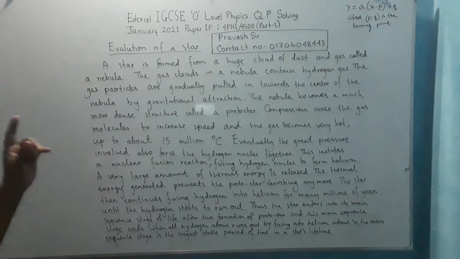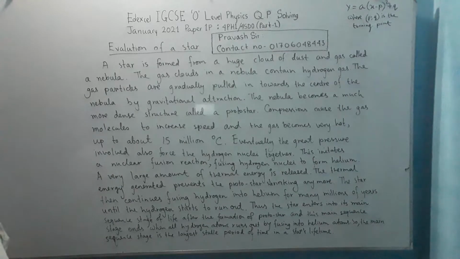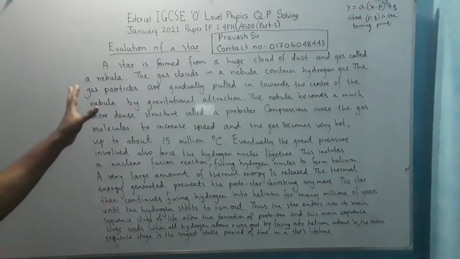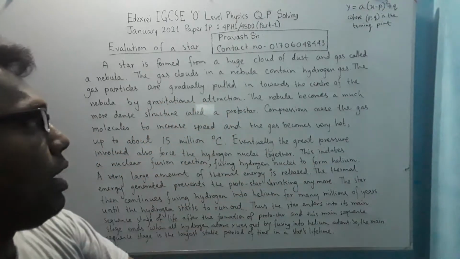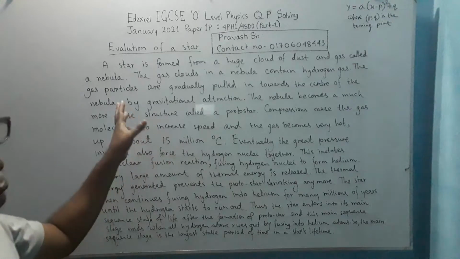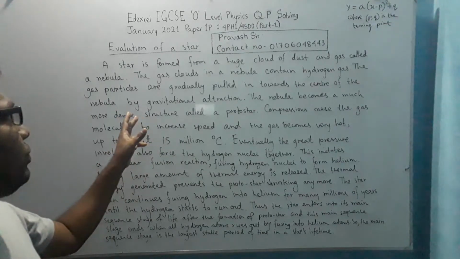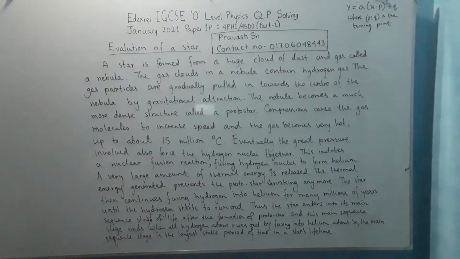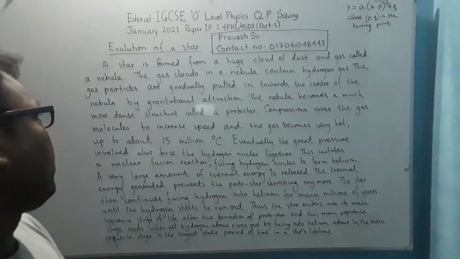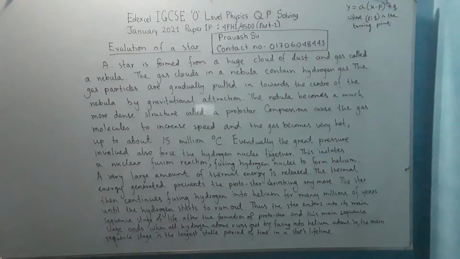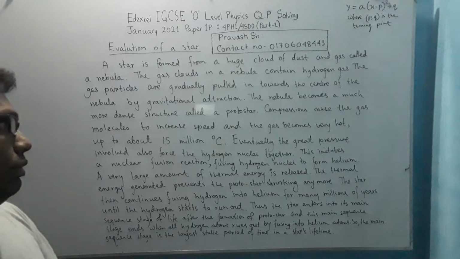If we look at the board, we can see a star is formed from a huge cloud of dust and gas particles called a nebula. The gas clouds in a nebula contain hydrogen gas, and the gas particles are gradually falling towards the center of the nebula by gravitational attraction.